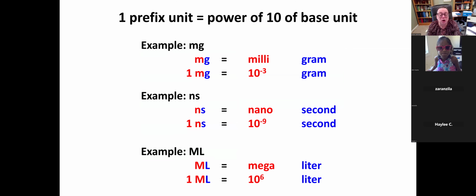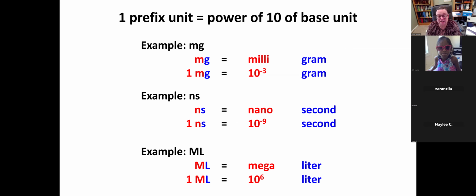So if we wrote mg, that's little m means milli, and g is our abbreviation for gram. So 1 milligram, in red, I have the prefix part. And in place of that prefix, milli, I'm just going to put 10 to the minus 3. That's the meaning of milli. Milli means 10 to the minus 3. So 1 milligram equals 10 to the minus 3 grams.